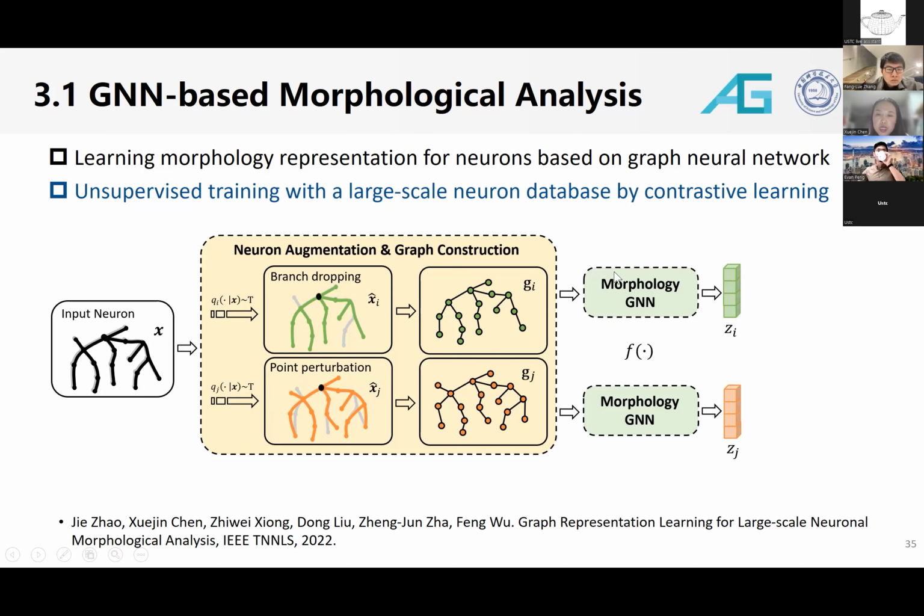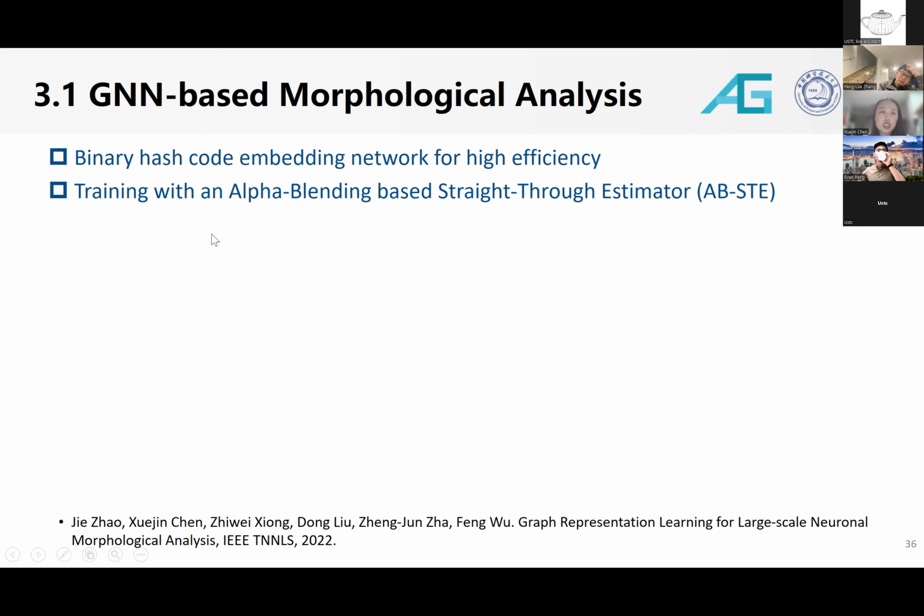And then we design a morphology graph neural network to learn the morphological representation of each neuron. By contrastive loss, we can train the morphological graph neural network to learn the embedding for the encoded neuron based on the graph representation.